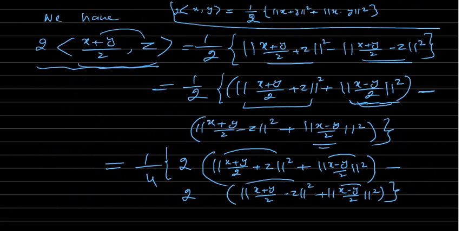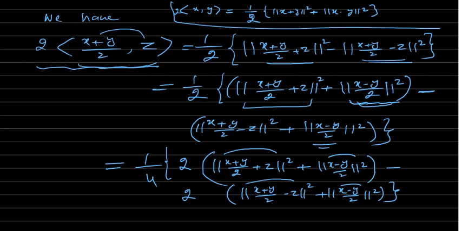So it's equal to 1 by 4 times. So norm of sum. Let's see the vectors first. First vector is (x plus y)/2 plus z. Second vector is (x minus y)/2. So their sum: norm of the sum, (x plus y)/2 plus z plus (x minus y)/2.